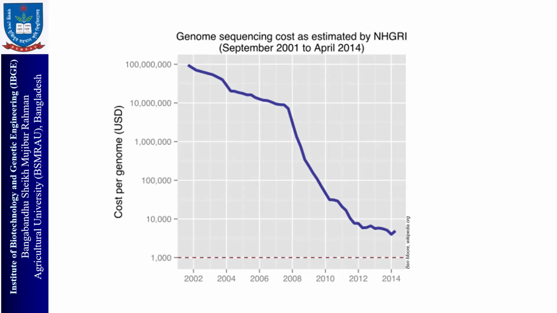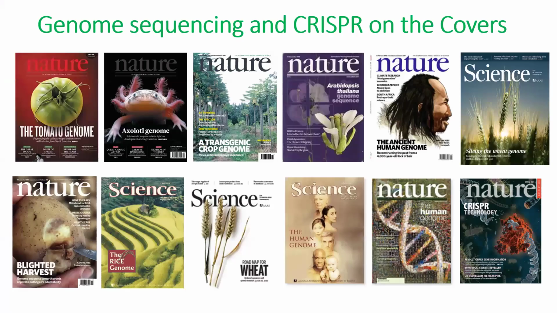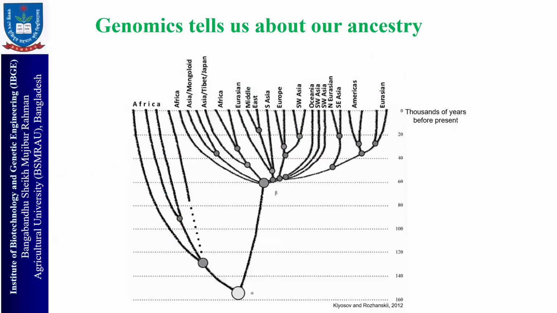So sequencing is becoming very cheap, and lots of sequencing of different organisms have been published in the top journals like Nature and Science. And genomics tells us about our ancestry, not only ours, but that of all living organisms.